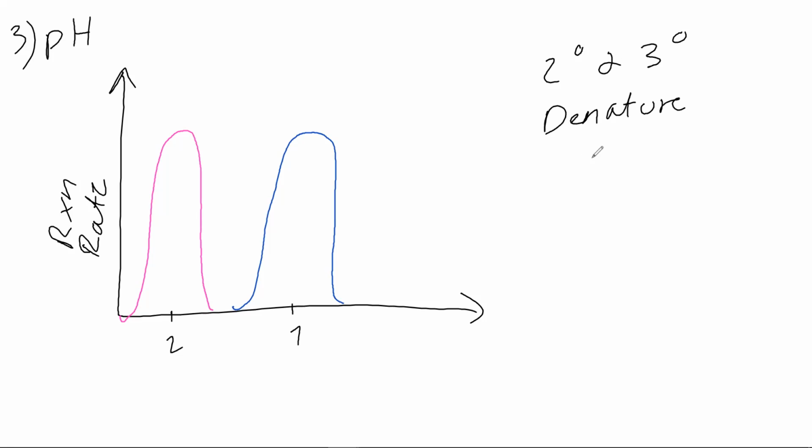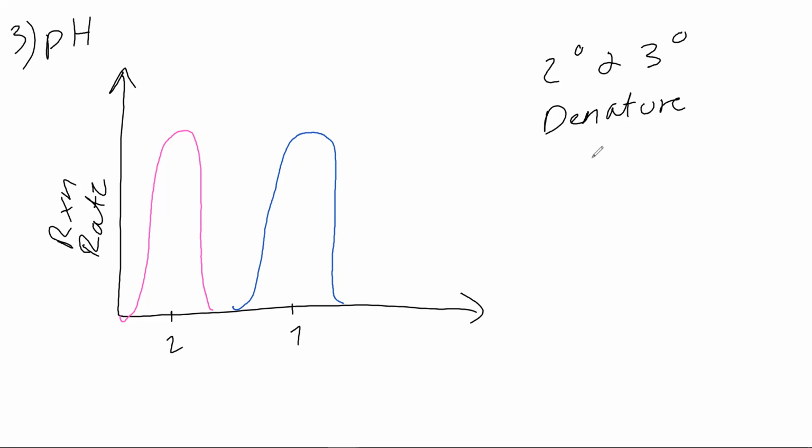So Marcus, if their pH, like in the magenta one, is low, its secondary and tertiary structure will denature? If it gets out of its ideal pH range, then yes. Like, for instance, if it becomes too basic, or even if it becomes neutral, it'll just start to denature. What about the quaternary structure and stuff? The quaternary structure?